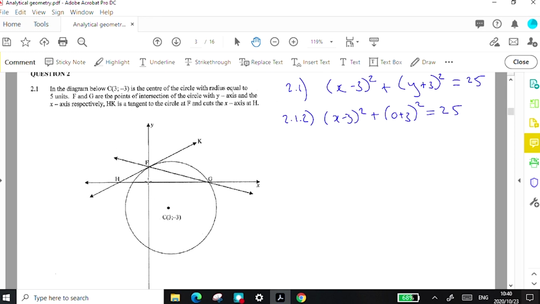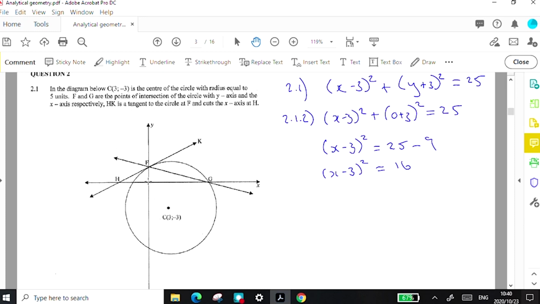And if we simplify, we have x minus 3 all squared is equal to 25 minus 9, where 3 squared is equal to 9. Therefore, x minus 3 all squared is equal to 16.